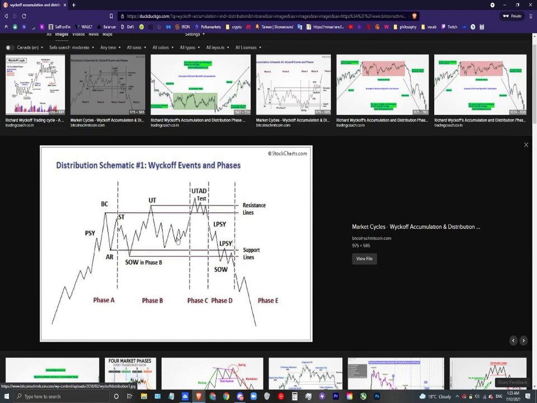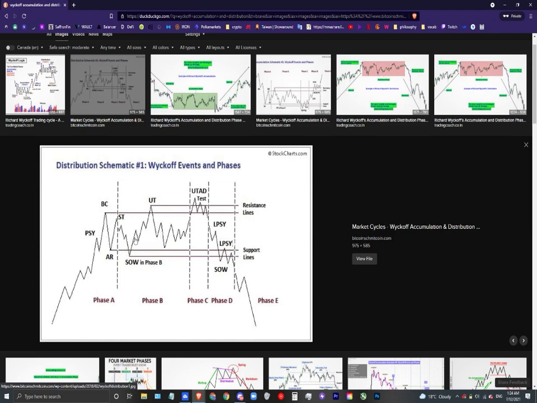And at the end of the day, what Wyckoff is trying to explain or show or predict, in a sense, is institutional movement, or the price, or the Bitcoin, let's say in this example, moving from weak hands to strong hands. The weak hands in this case being just retail, right?